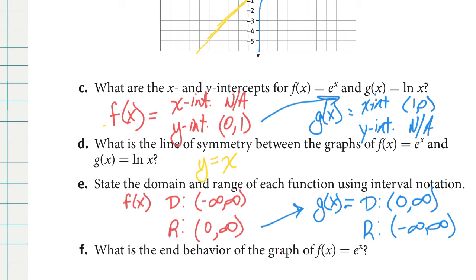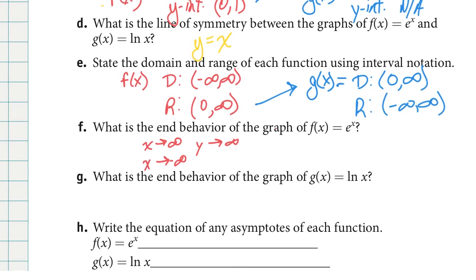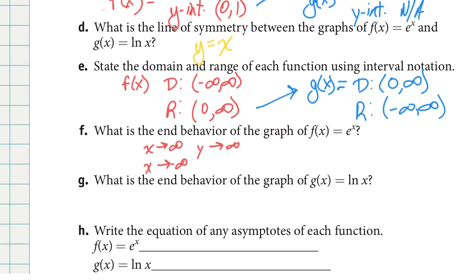In behavior, our end behavior should be exactly the same. On the exponential function, as x goes to infinity, moving right forever, y is also going to infinity. And as x is going to negative infinity, and remember, that's just a fancy way of saying moving left, as we move left, y approaches 0.